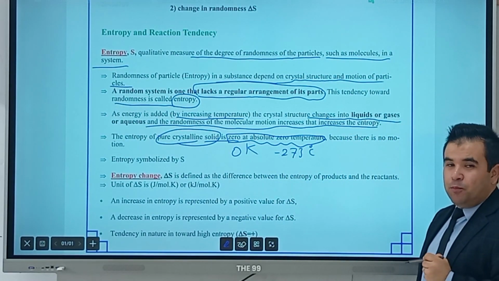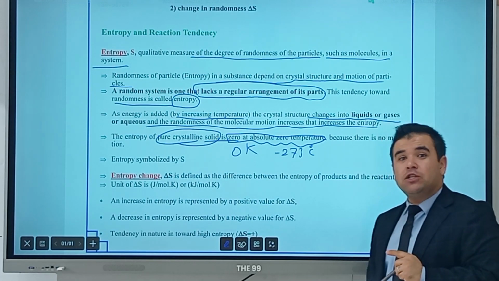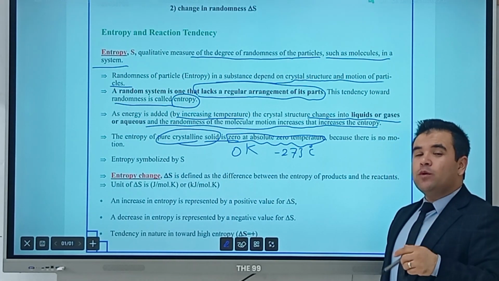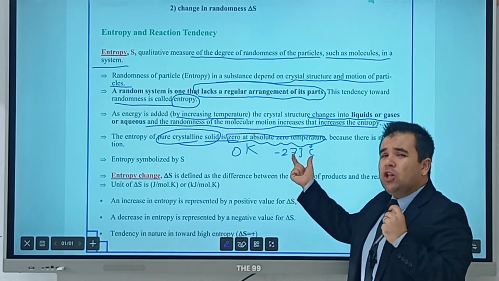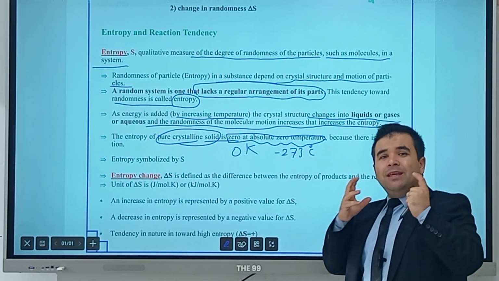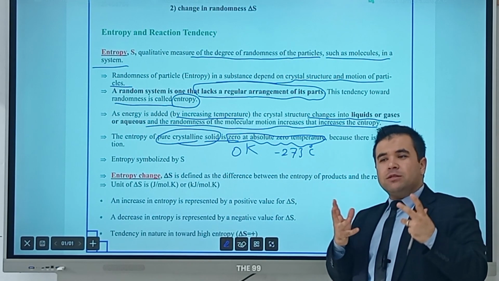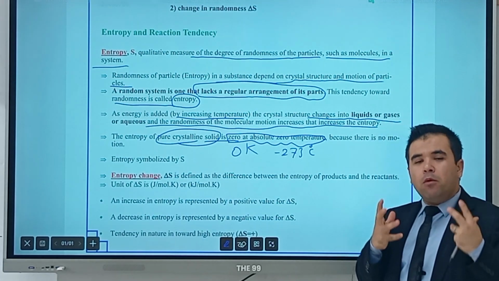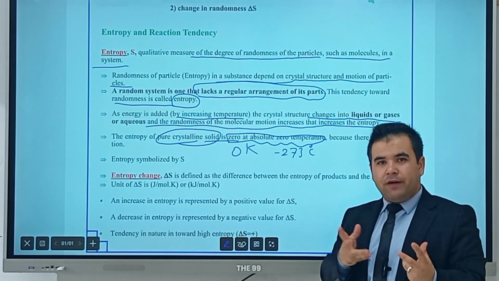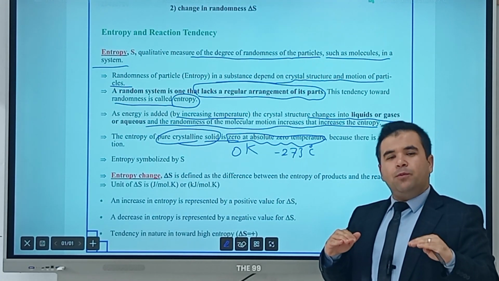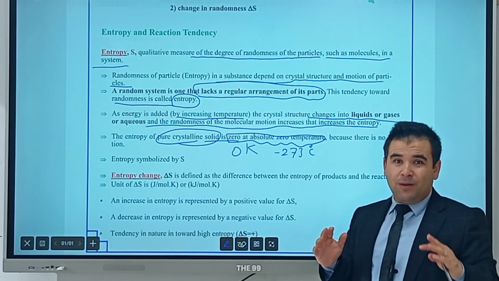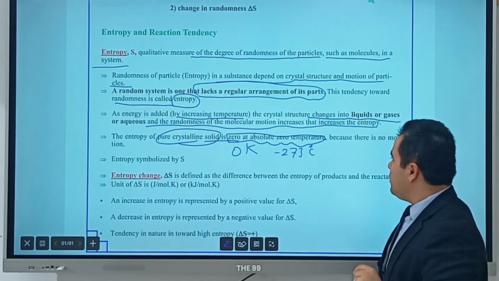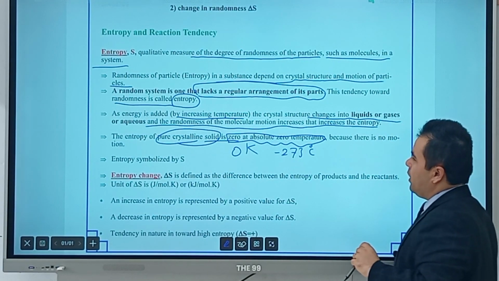This is the temperature at which a pure crystalline solid reaches zero entropy. Why? Because at this low temperature, the particles stop moving around even themselves, and then the pure crystalline solid has no motion between the particles. That's why it results in a zero entropy.